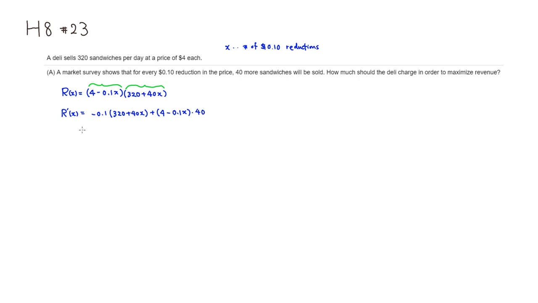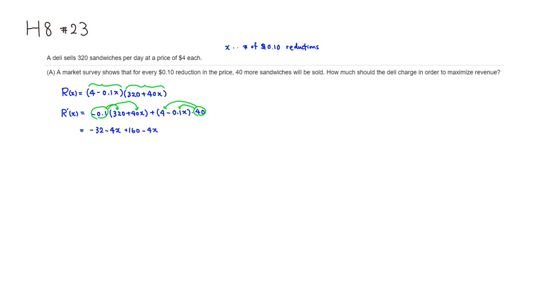Let's simplify that. I'm going to distribute negative 0.1 to both terms, and we get negative 32 minus 4x. Then I distribute the 40 to each term: 4 times 40 is plus 160, and then minus 4x.